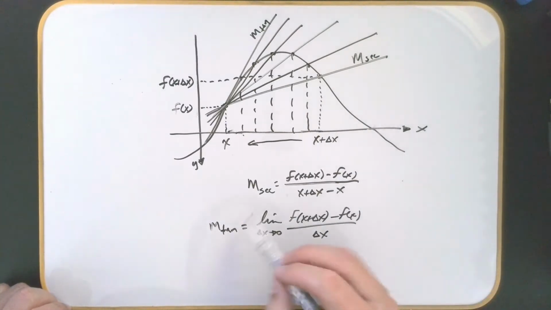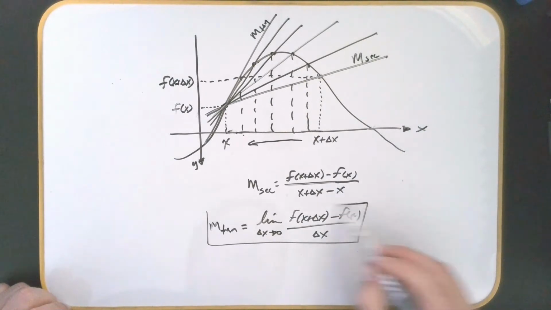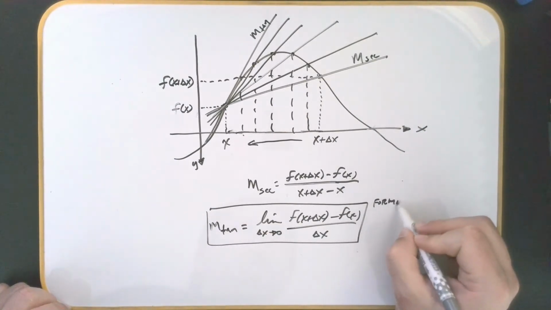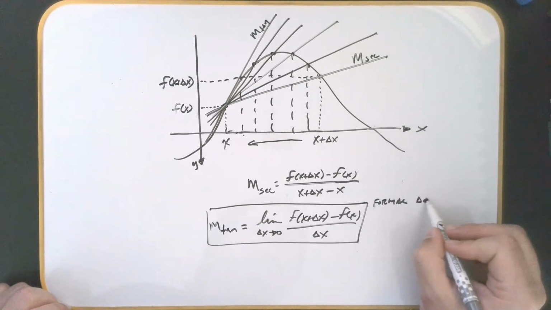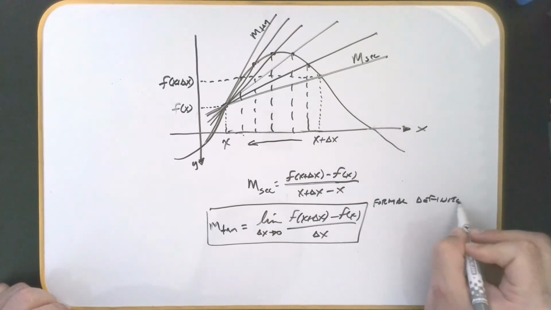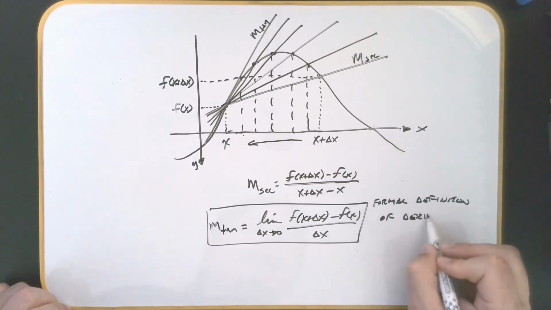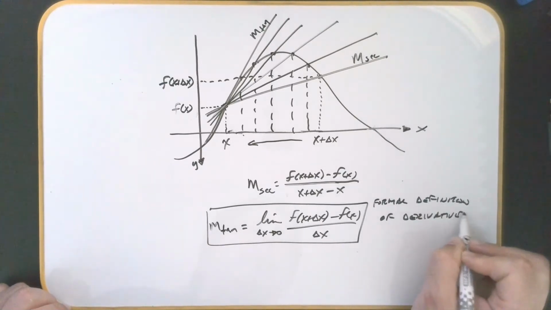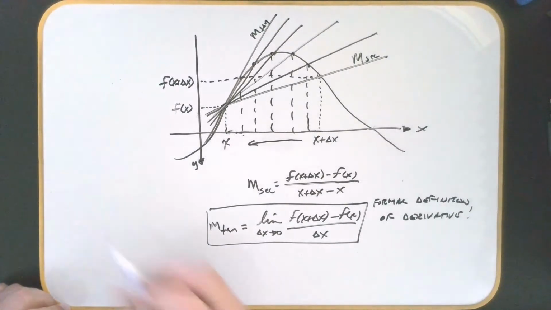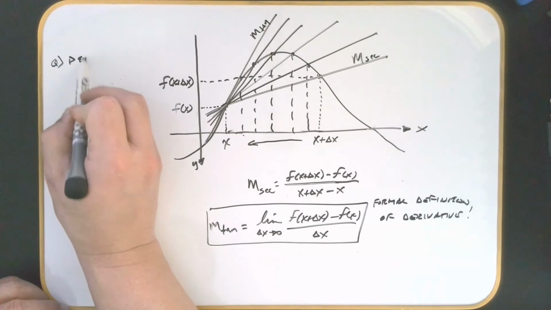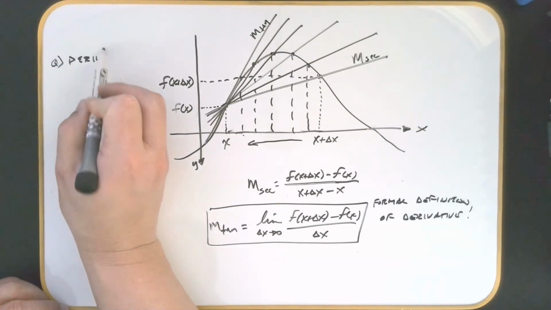And so what this thing is right here, this is the formal definition of derivative. Now we have a slang version, and when we would say, what's a derivative, and I'll put that up here, when the question was, what is a derivative?